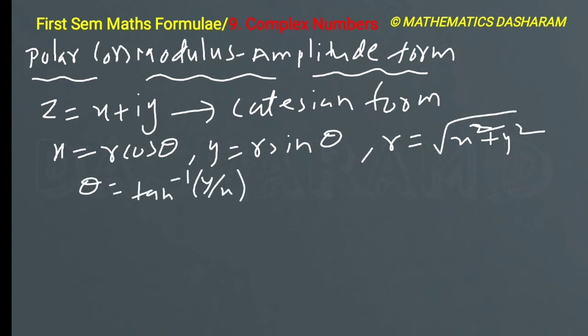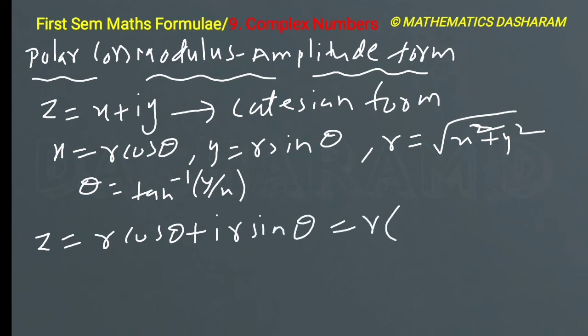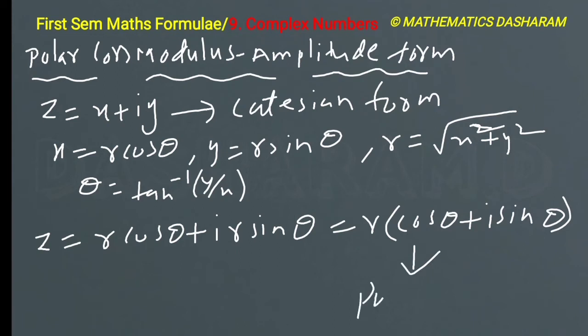So when you substitute x and y values in the given complex number, it will be converted into r cos theta plus i into r sin theta. Here we can take r common, so r into cos theta plus i sin theta. So it is called the polar form or modulus amplitude form.